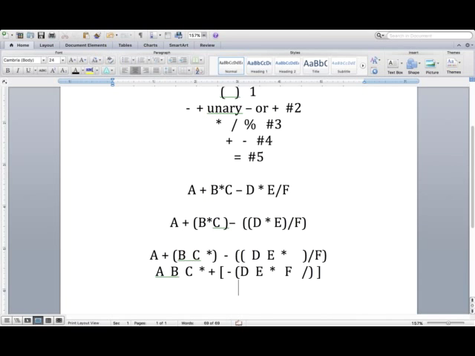So it'll be like this: A, B, C, multiply, plus, and then I'll have D, E, multiply, F, divide, and then minus at the end. So this infix form got converted to postfix form here.